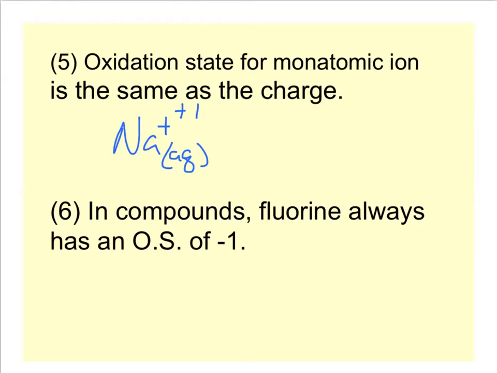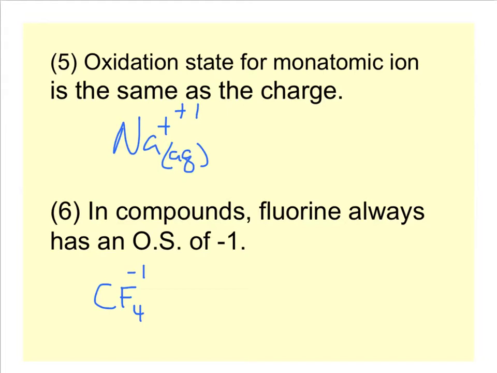Fluorine. Now we're going to start to get even more specific and talk about specific atoms. Fluorine will always have, when it's in a compound, the oxidation state of -1. So if we think about, say, CF4, the fluorines in CF4 each have an oxidation state of -1.